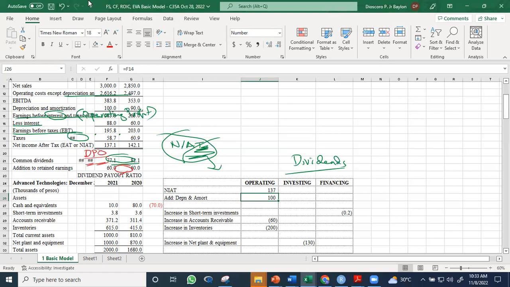Take a look at the whole income statement.